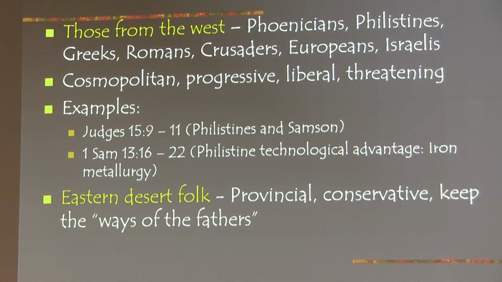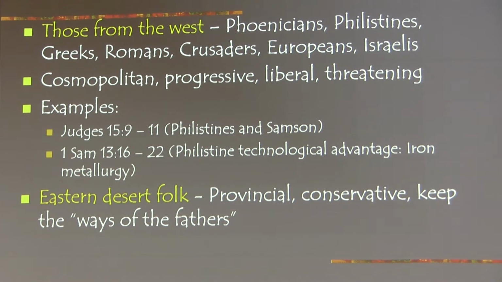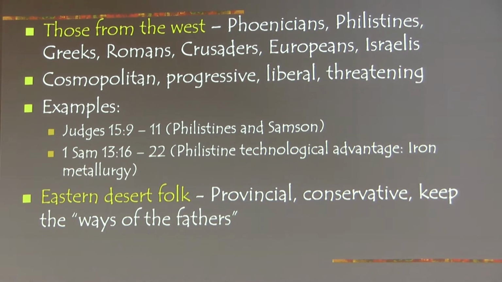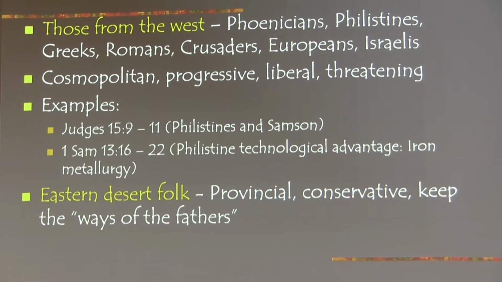And we might think of them as our Eastern desert folk. Perhaps they're semi-nomadic in some cases. They are nomadic. They're herders. They tend to be more provincial, conservative, keep the ways of the fathers. And we see this clash. We actually see it today, but we see it as well as we work our way through biblical history.